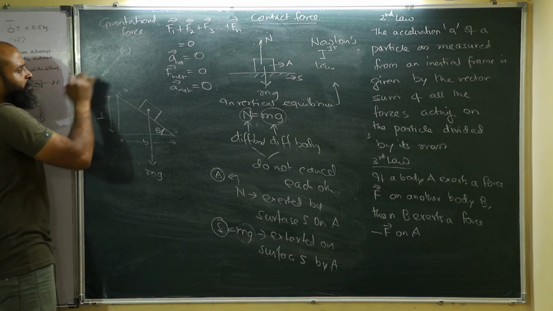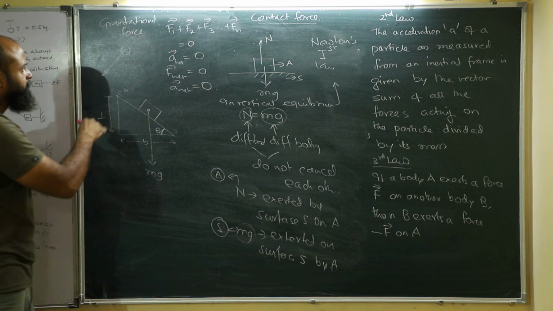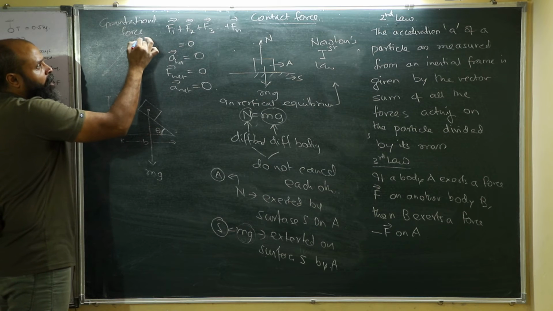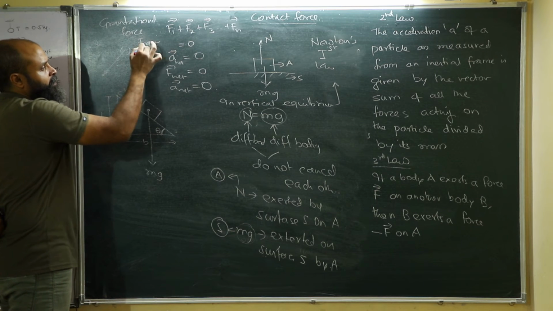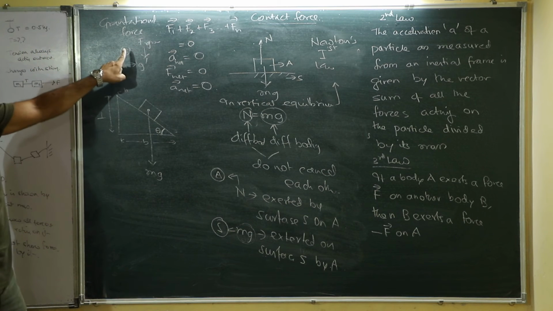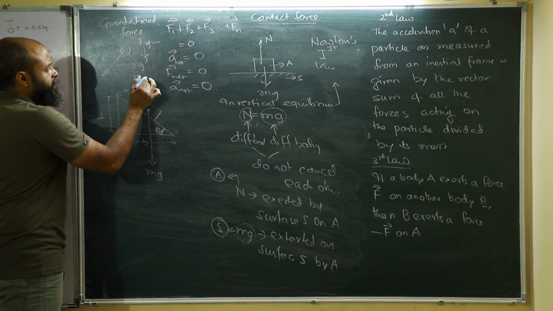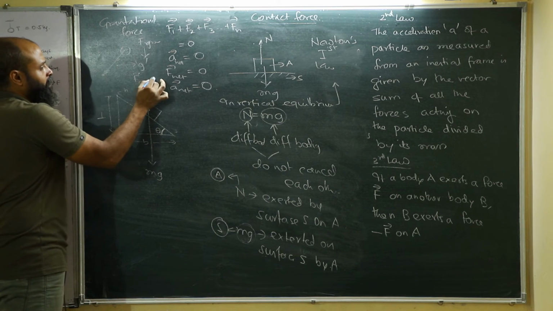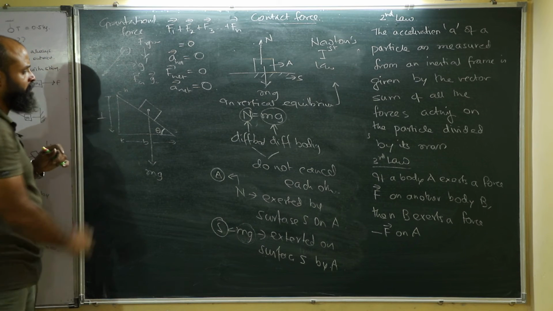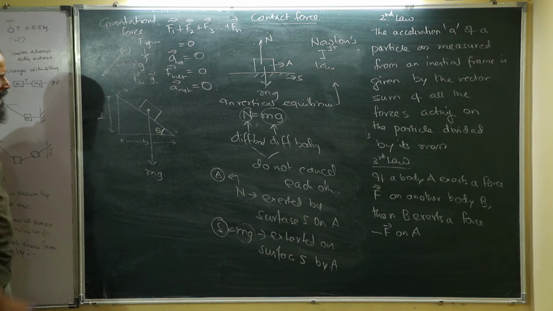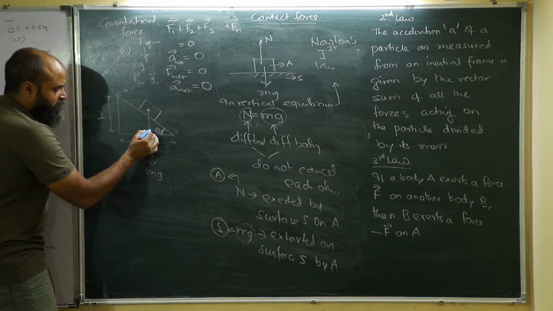This gravitational force will always be directed towards the center of the earth, and hence the acceleration due to gravity, which is a resultant of the gravitational force, will also be directed towards the center of the earth. So we will always have the weight mg acting vertically downwards, that is perpendicular to the surface of the earth.